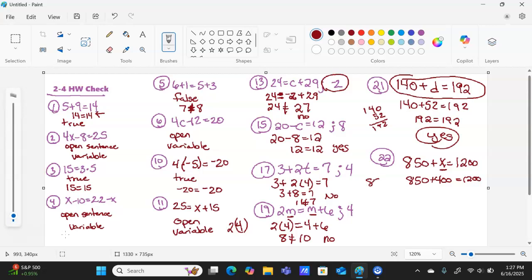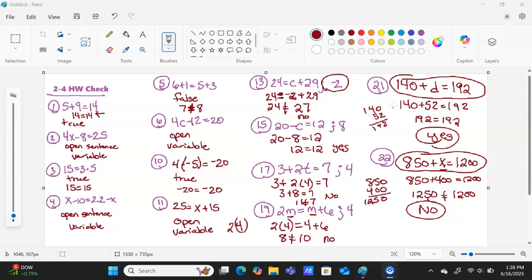Well, if you take 850 plus 400, you get 1,250, which is not 1,200. So they would have $50 extra. So no. So again, besides the no, you also need the equation because that was a part of the process that they asked you to do. And I should say you also need to show this work in here as well.